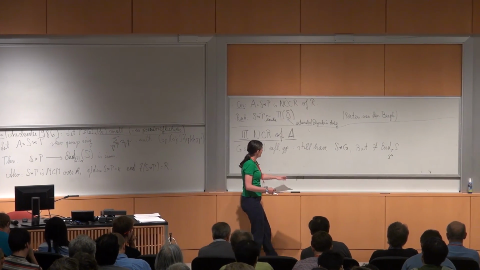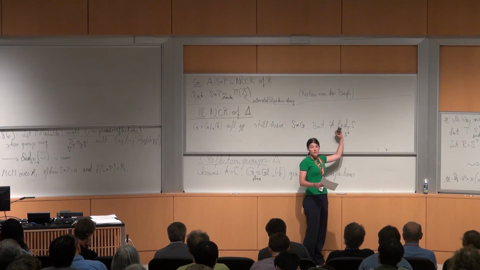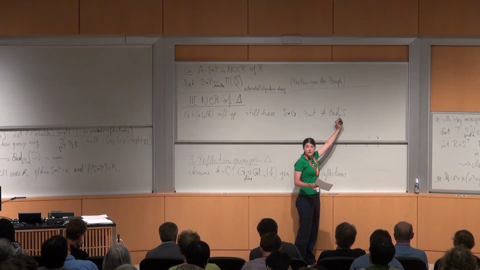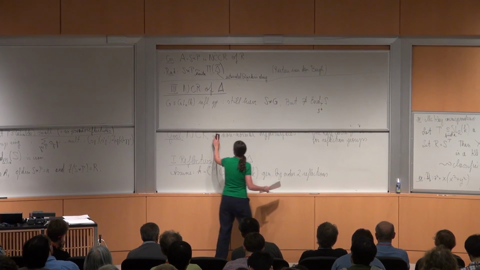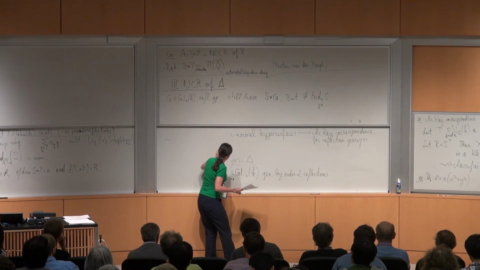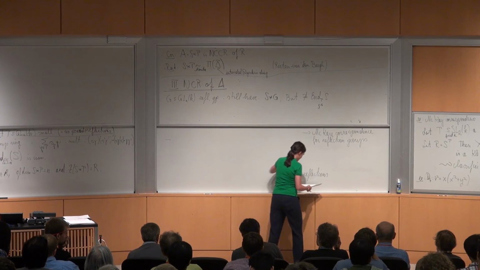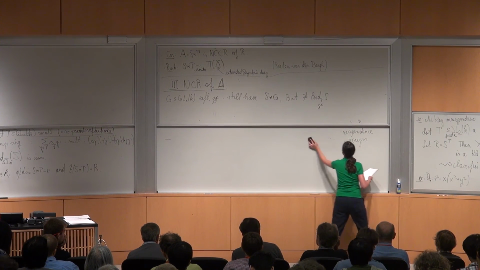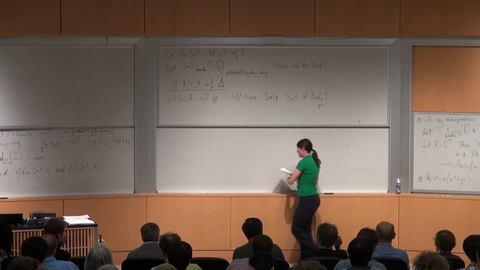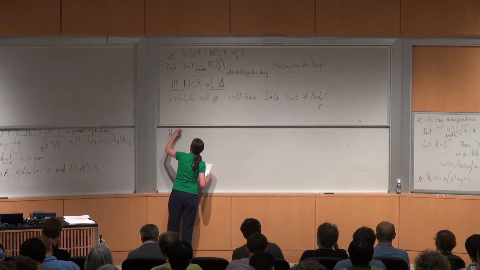It's not an endomorphism ring of S over this invariant ring here, but if we play a little bit around with the rings, then we can prove the following thing. So this is our first theorem.